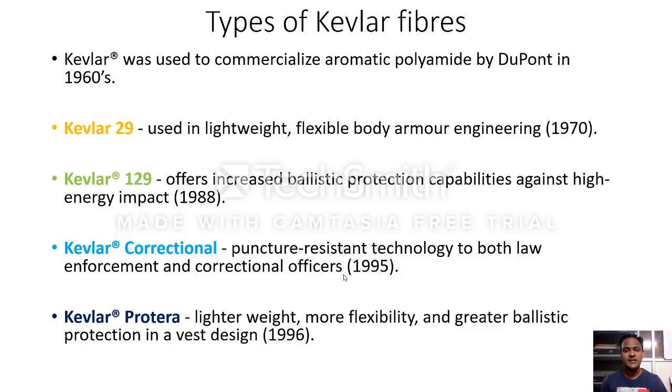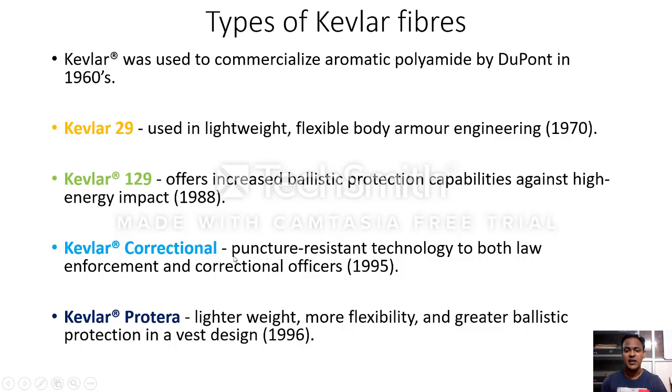And there are various types of Kevlar fibers. Starting from the 1960s, the Kevlar fiber came into being. There are various advancements that took place. For example, Kevlar 29 is one of the fibers which came in the 1970s. It is used in lightweight flexible body armor engineering, and Kevlar 129 came in 1988. It offers increased ballistic protection capable of high energy impact.